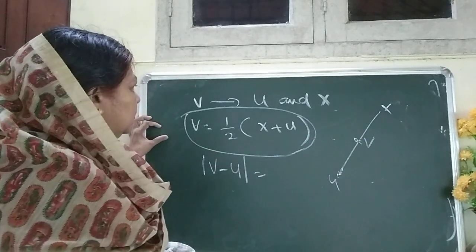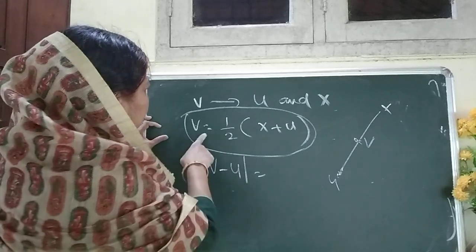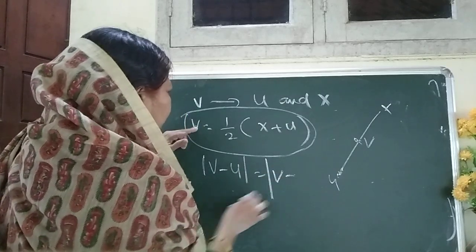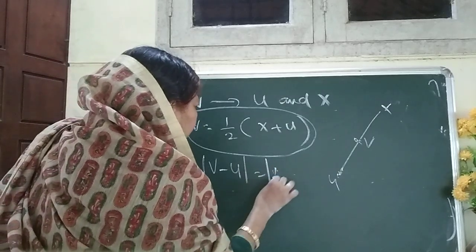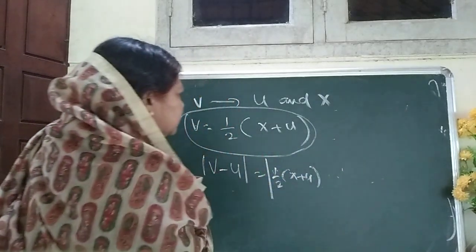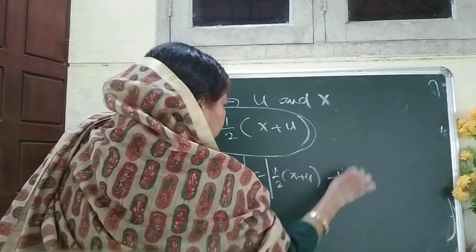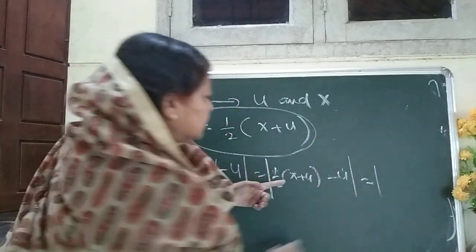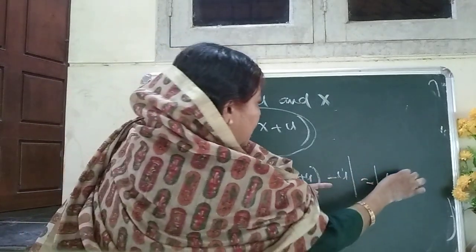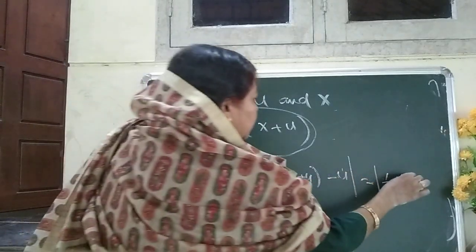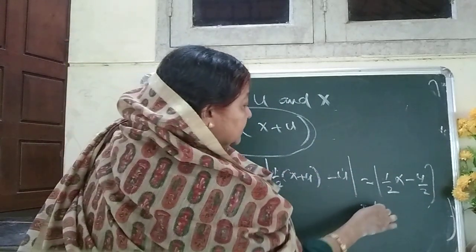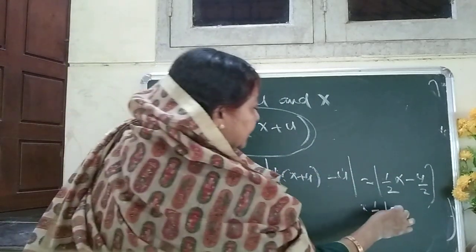Modulus of v minus u equal to, v is half into x plus u, so half into x plus u minus u equal to modulus of x by 2 plus u by 2 minus u, that is half into modulus of x minus u.